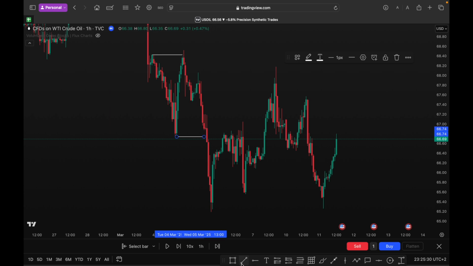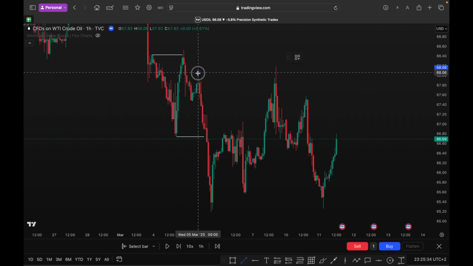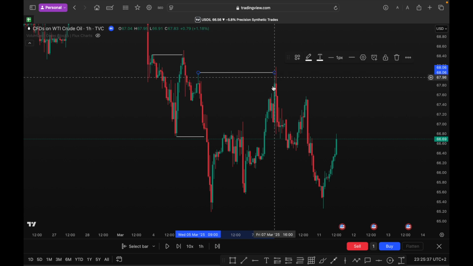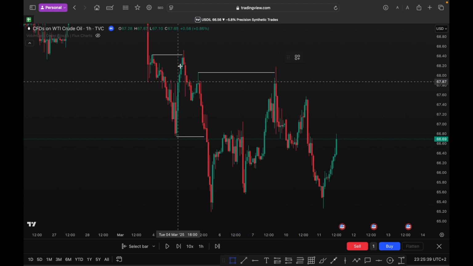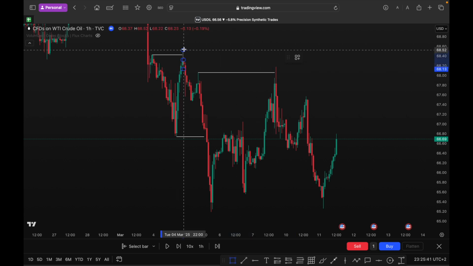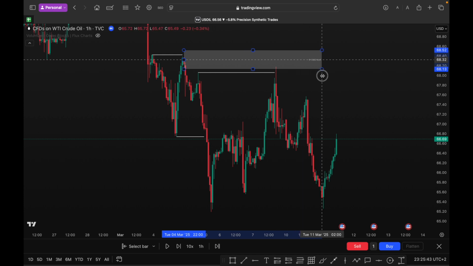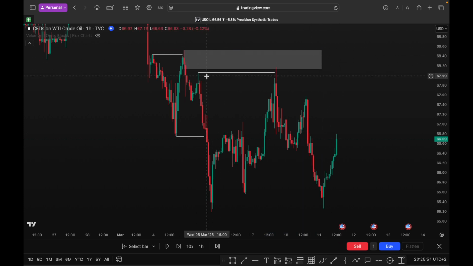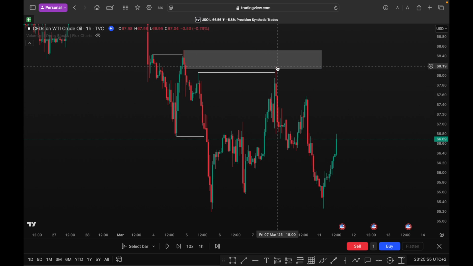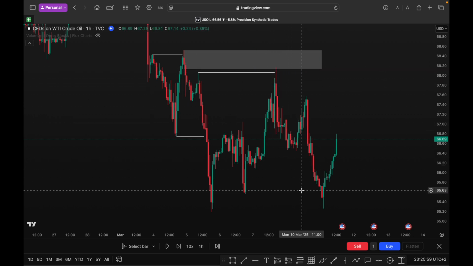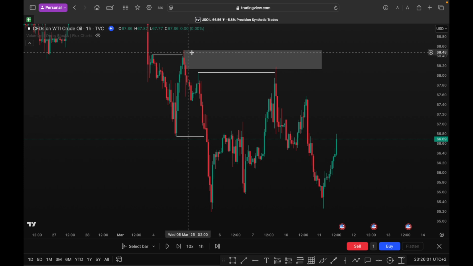And what did price create here before this order block here? It was liquidity. So if you draw out this zone, you will see, okay, this was my order block area, this was my liquidity. So price came up, tapped in our area, and then price came down. So this is how I will identify.